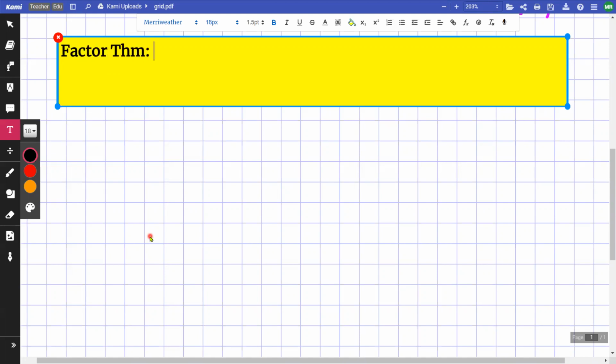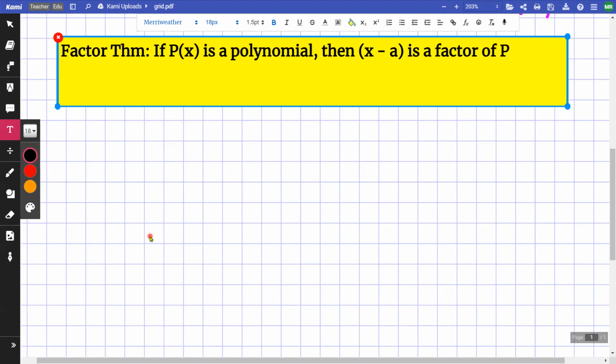And the factor theorem states the following. If P of X is a polynomial, then X minus A is a factor of P of X if and only if, and I'm just going to put in here a side note, if and only if, the shorthand is IFF.